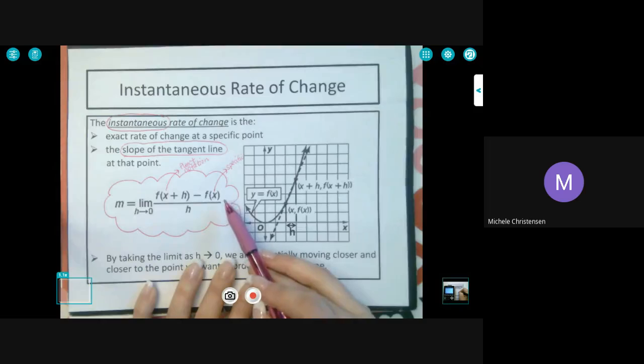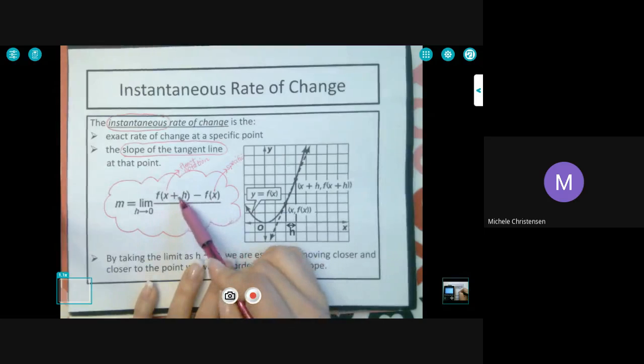Which means that before we start the problem, we have to evaluate these two pieces of function notation.